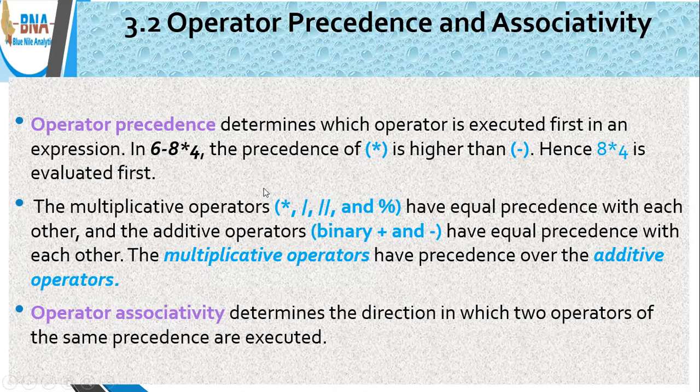Wherever there is an integer division and a subtraction or an addition, the compiler will do the integer division first. If you have a modulus and a subtraction, the compiler will do the modulus first. All these operators, the division, the multiplication, the integer division, and the modulus, carry the same weight when compared to the subtraction and addition operators. Have you understood?